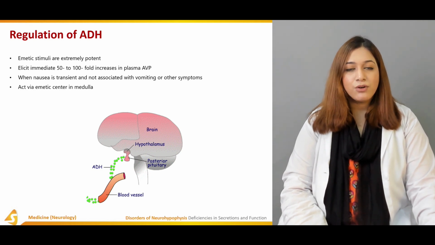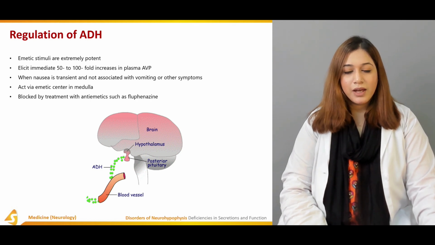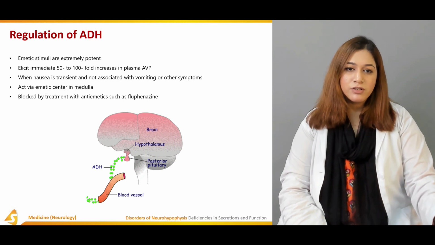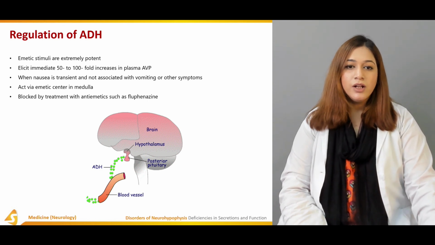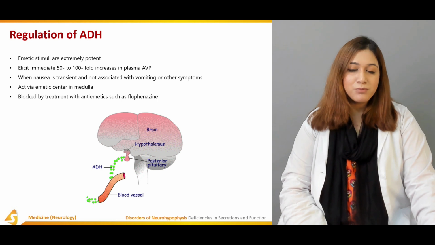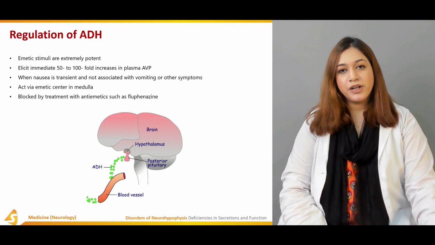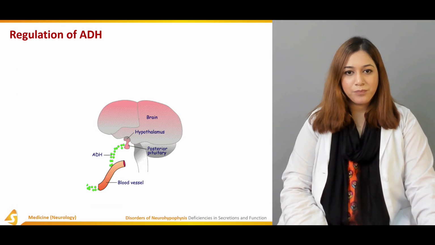They mainly act on the medulla through the emetic centers. And how can we block these stimulatory factors, or control the nausea? We can give antiemetics to patients, such as fluphenazine, that can control this stimulatory factor, or stop the release of AVP.